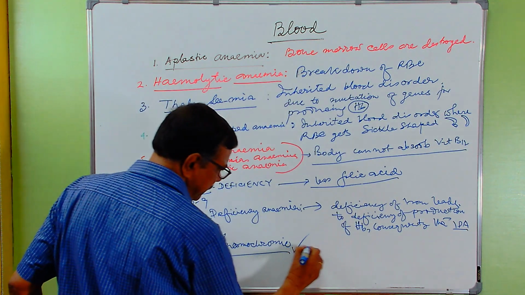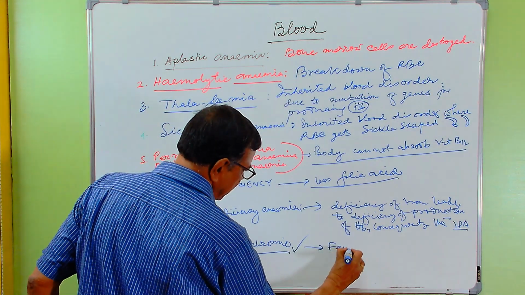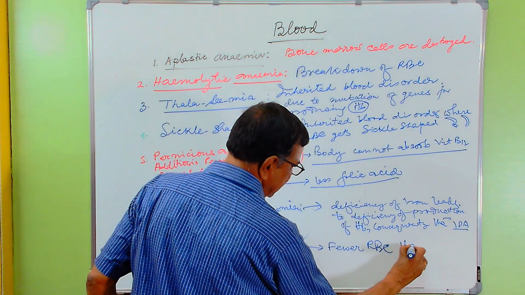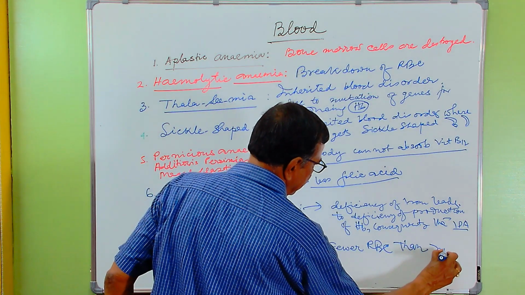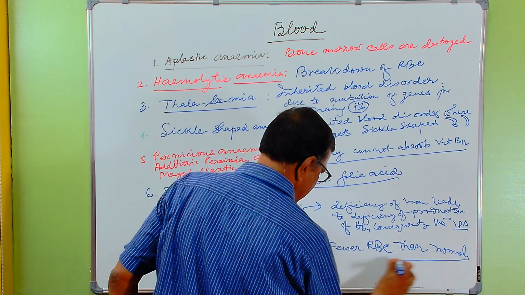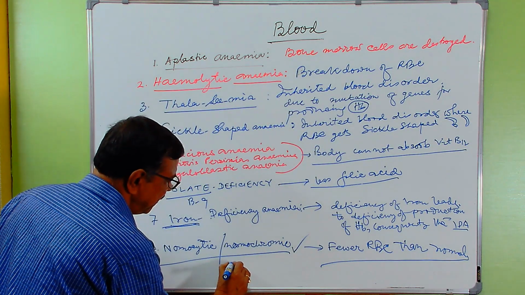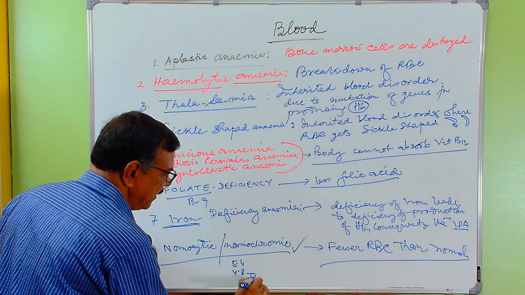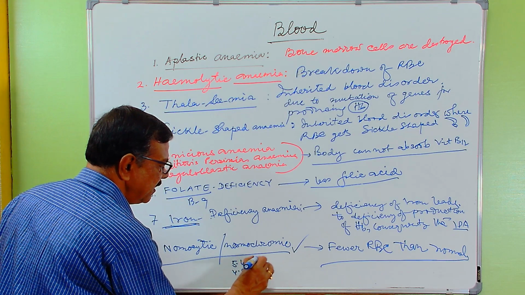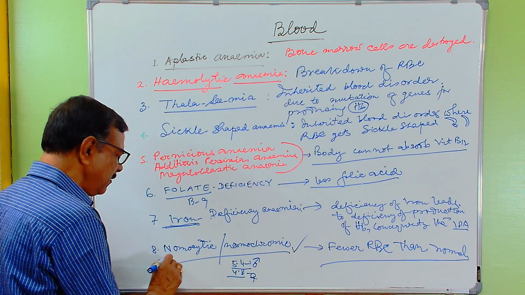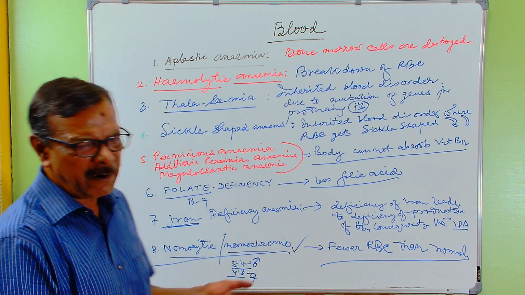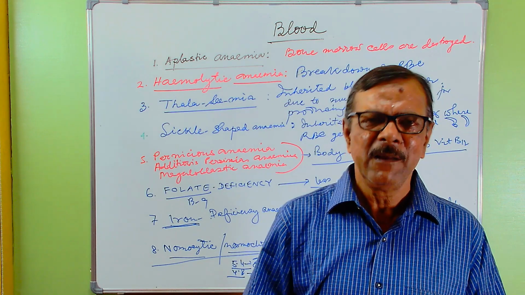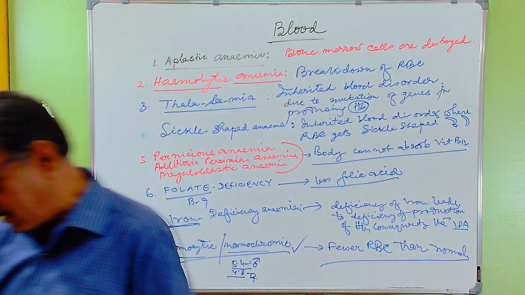You write fewer RBC than normal. What is the normal? Normal is 5.4 million for male and 4.8 million for female. If it is less than this, they write normocytic, normochromic, a little bit normal. You give vitamins or whatever you choose, some tonic, so the patient may recover.